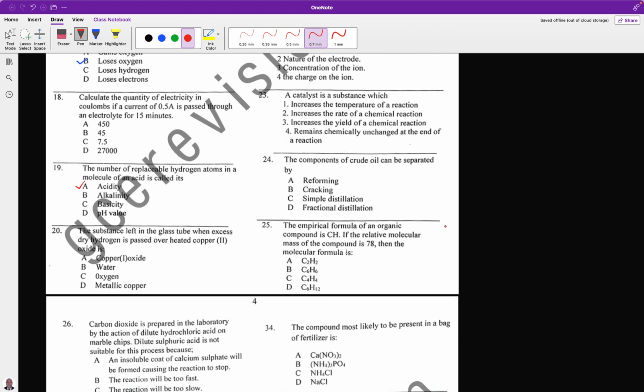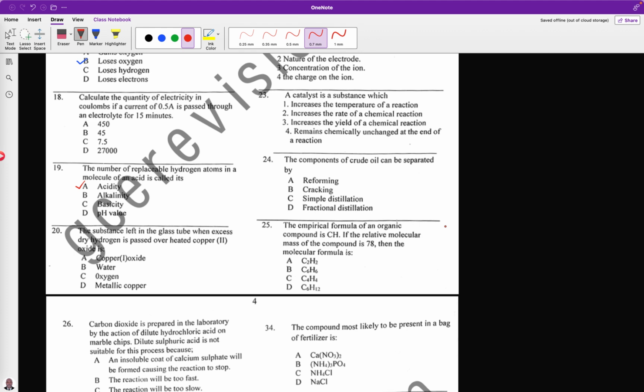Number 20. The substance left in the glass tube when excess dry hydrogen is passed over heated copper 2 oxide, what would be the substance?